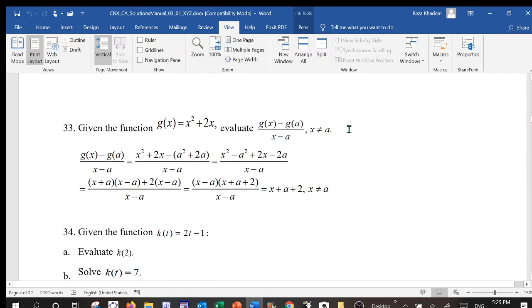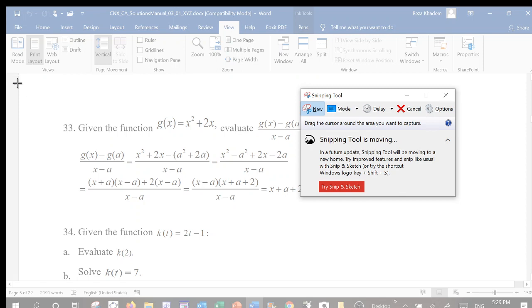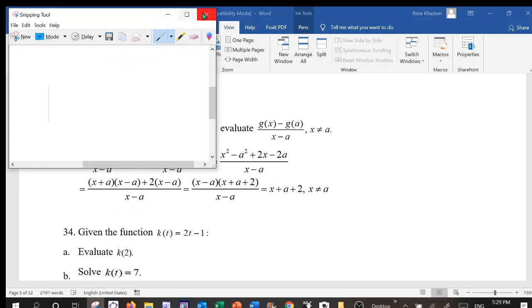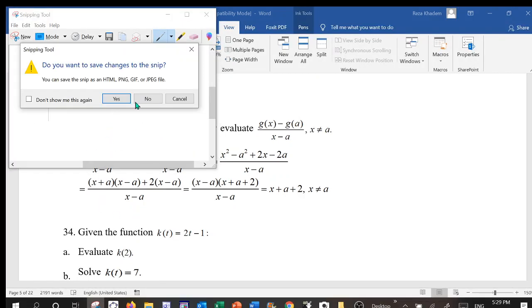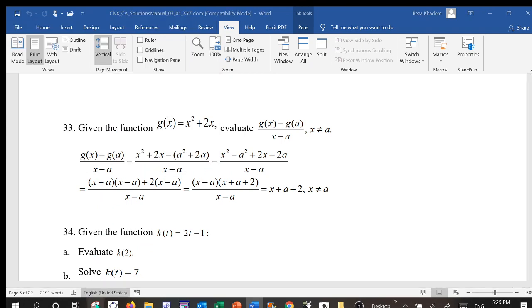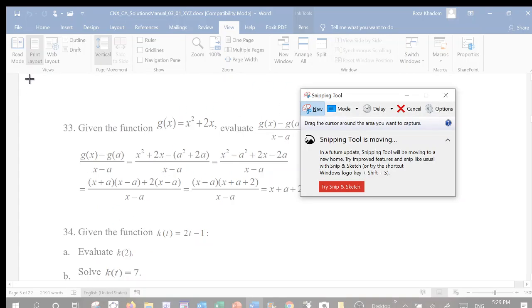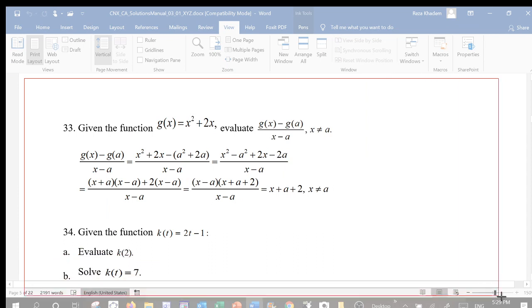Where's number 33? It's right here. So this one is the same expression, but is given in a different form. So it's still the difference quotient, but is given in this form.